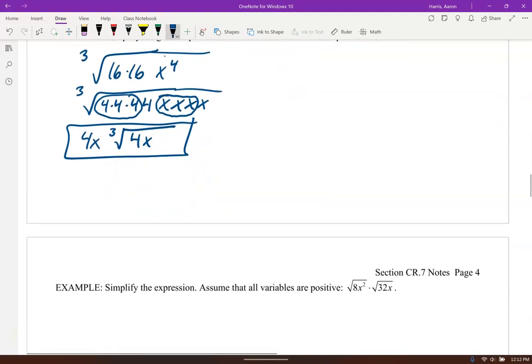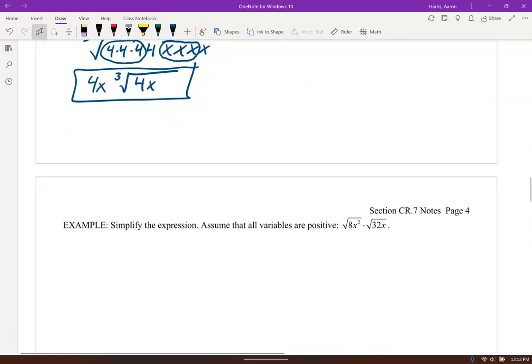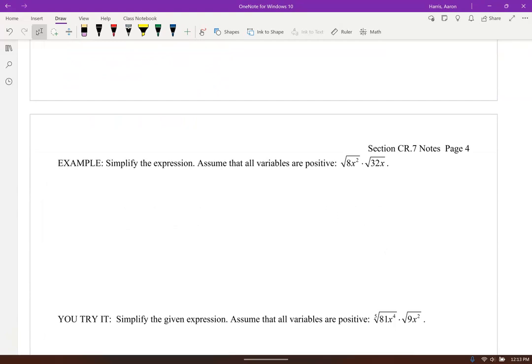Let's do some more like that. Square root of 8x squared times 32x. Notice they're both square roots, so I'm going to put them all underneath the same radical. So I have an 8x squared and a 32x. They're both square roots. So let's think about the 8, and then the 32. Well, 32 is 8 and 4, and then I have x squared and I have x.